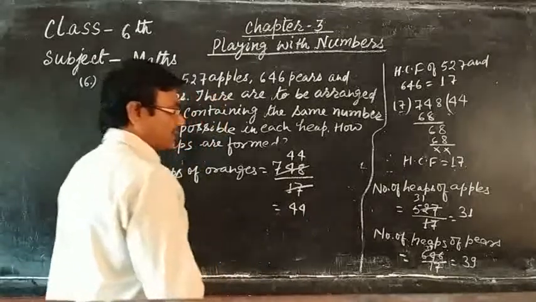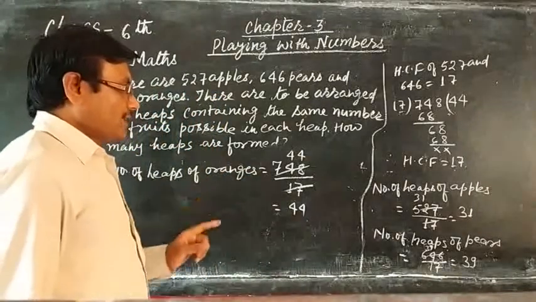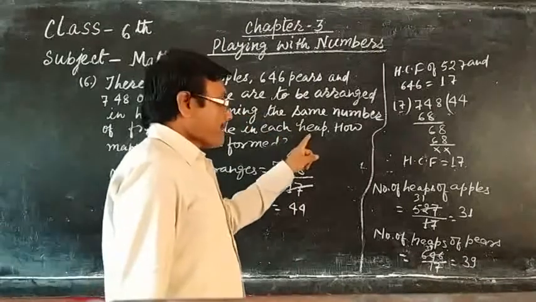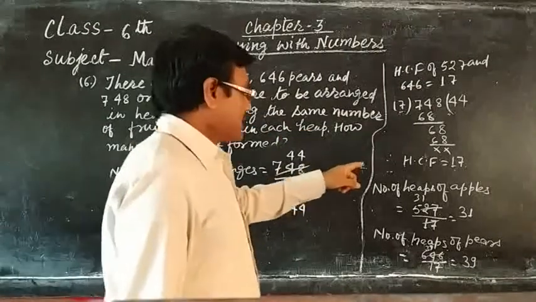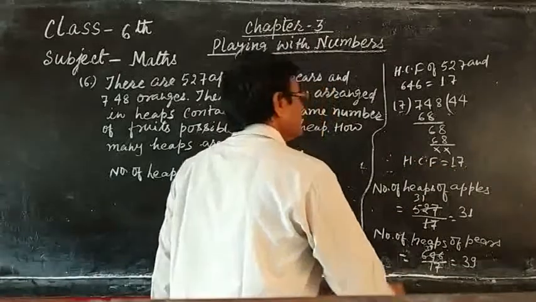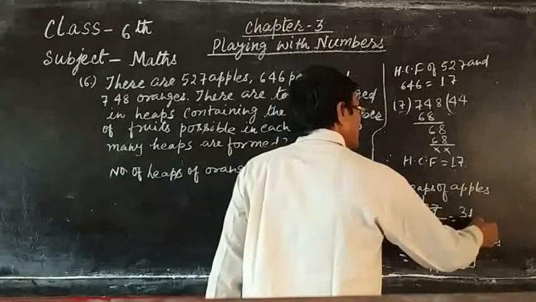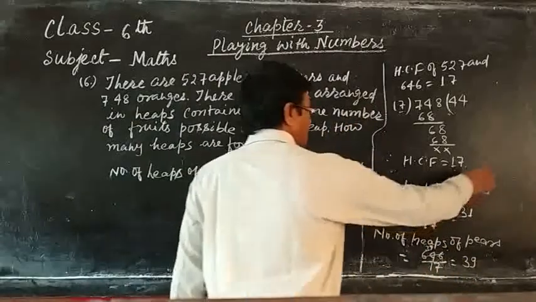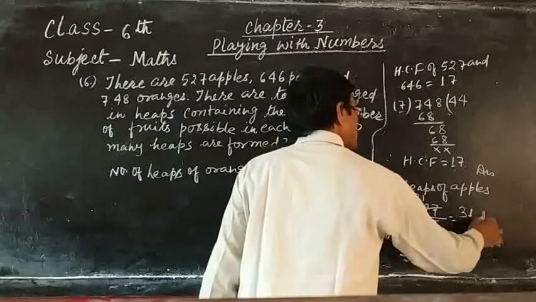So students, thus we can find both answers. First, the number of fruits in each heap is 17 and the number of heaps will be 31, 38 and 44. These are the answers.